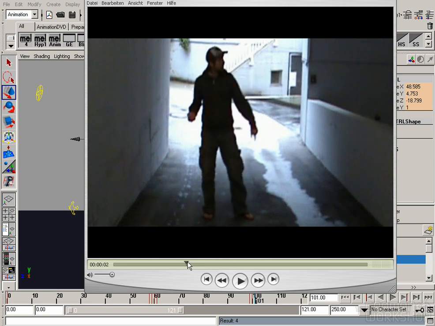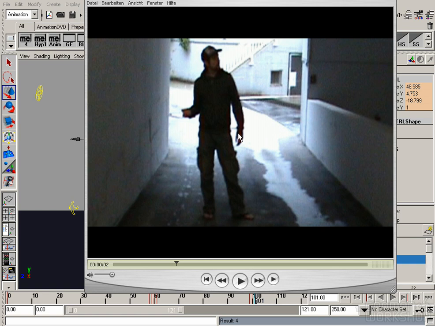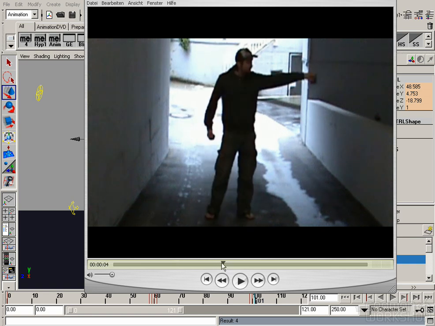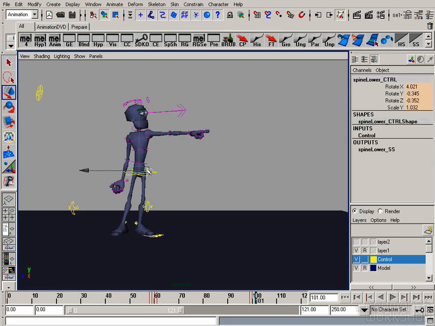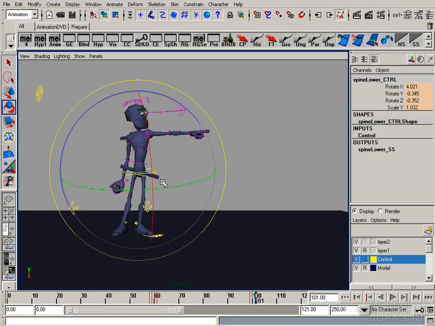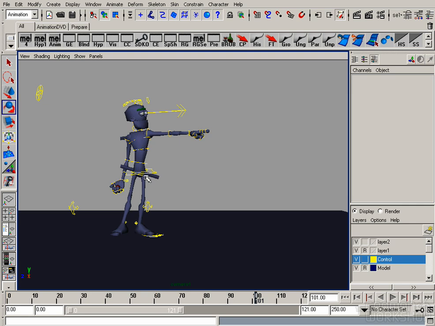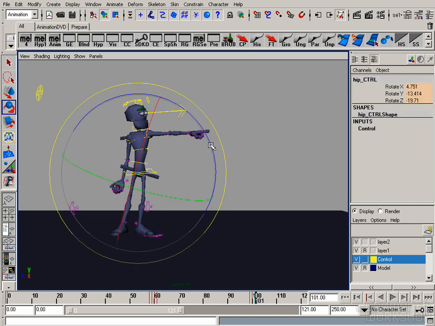The hip rotates like this now, in this angle, and when he comes to the other pose, it's the opposite angle. And the shoulders rotate against it. So let's take a look with those controllers again. They're quite helpful for adjusting the hip and the shoulders.